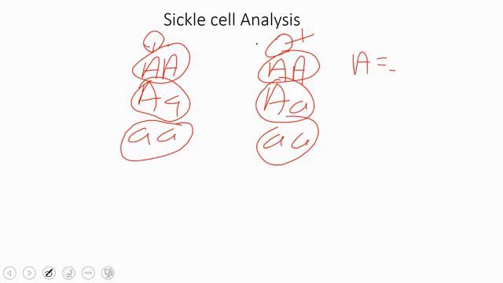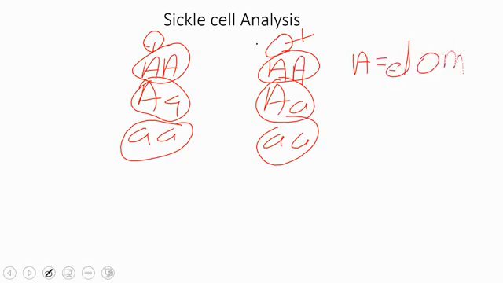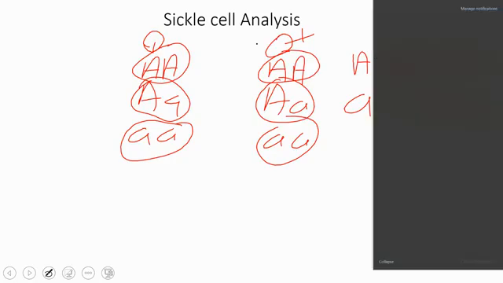Each of them represents an allele. So the allele here is dominant. This is not the spelling of dominant, please just bear with me. The small a here means recessive.